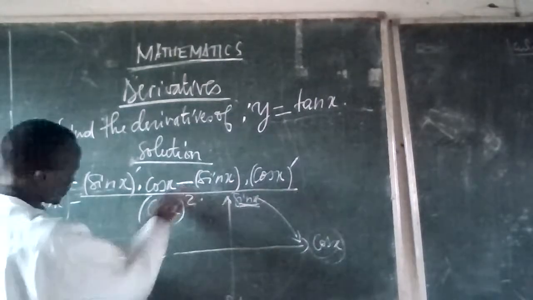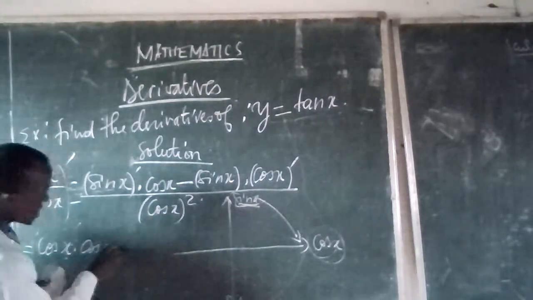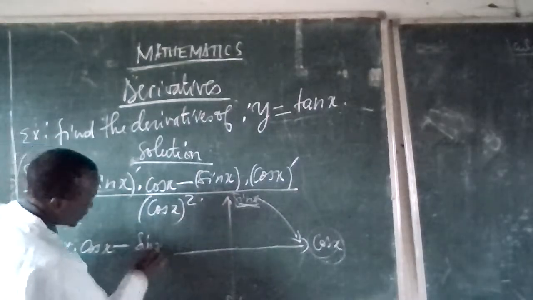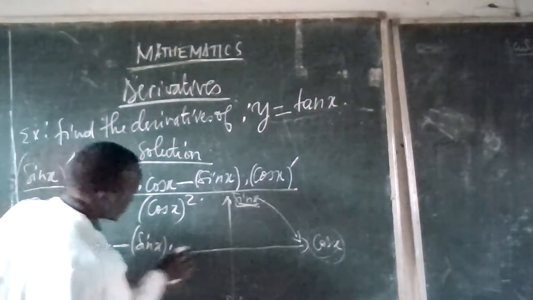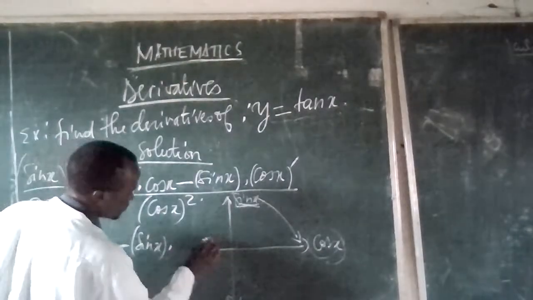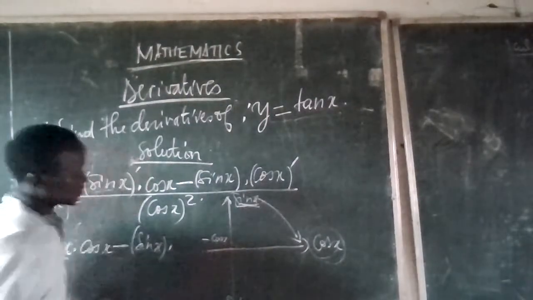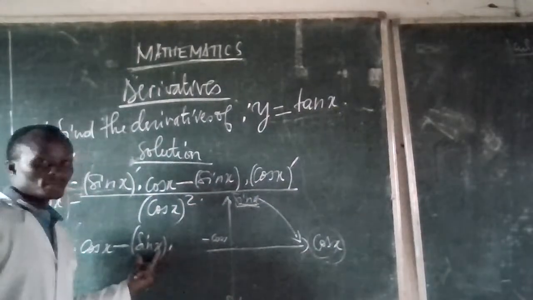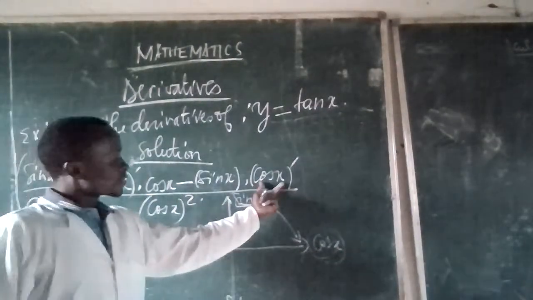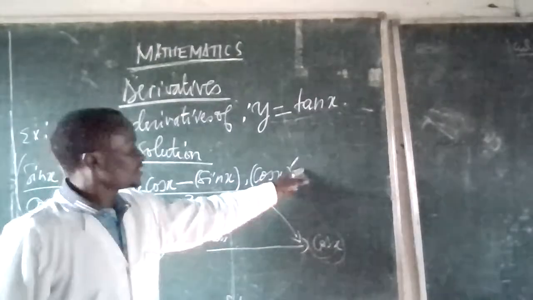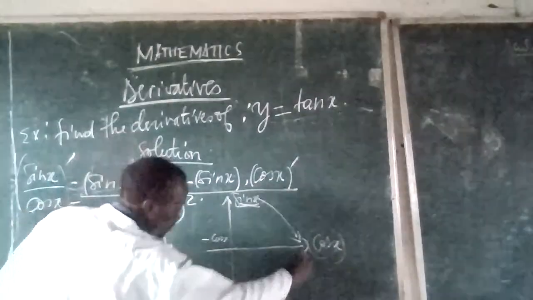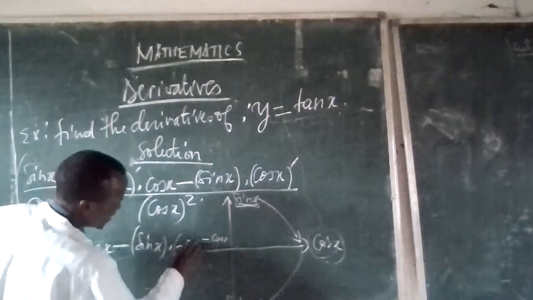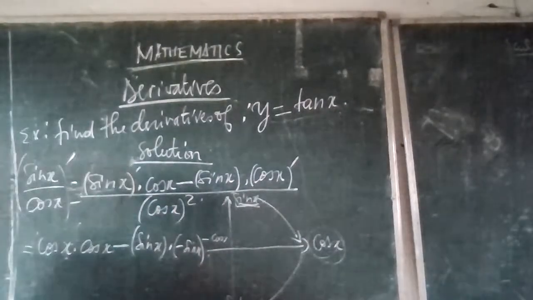Then we are just reaching here, minus, this is sine x times, we have minus cosine x, the opposite of this one. So this is sine x times, this is the cosine derivative, it will be down to here, it is minus sine x. Are we together there?